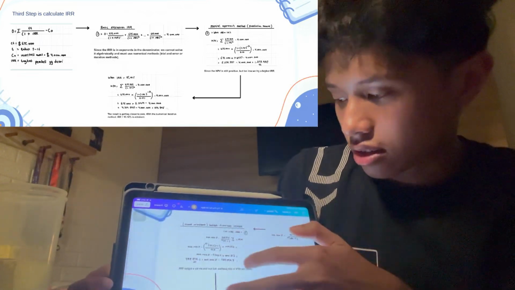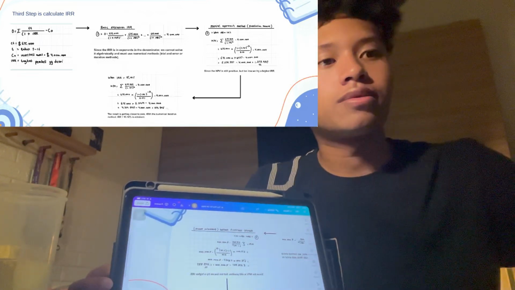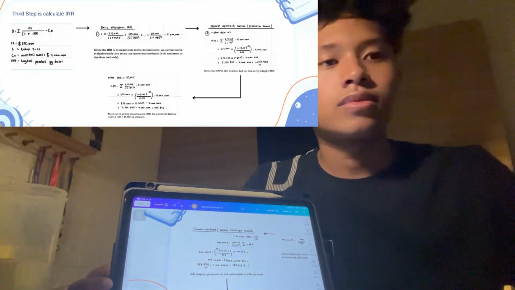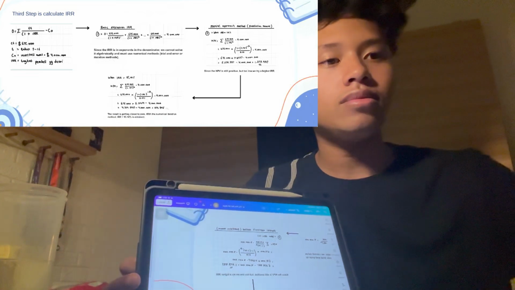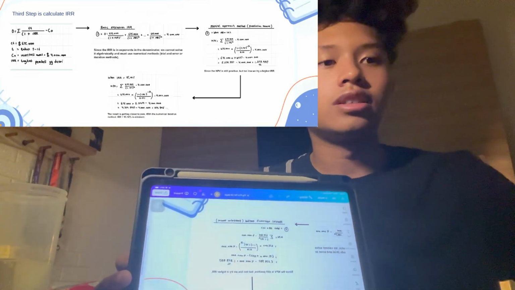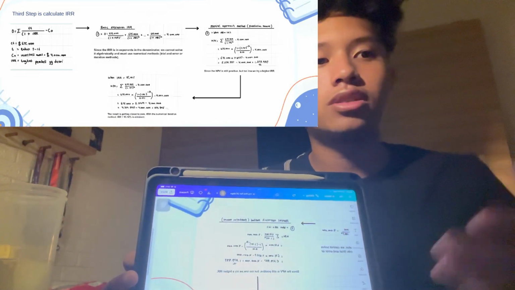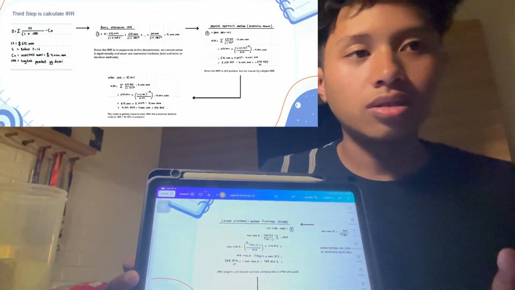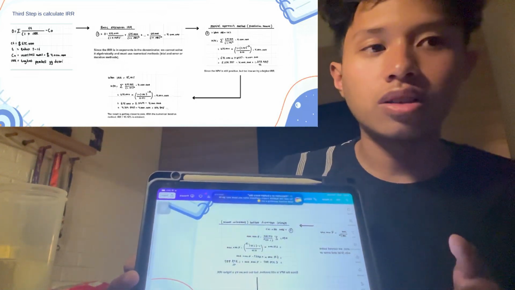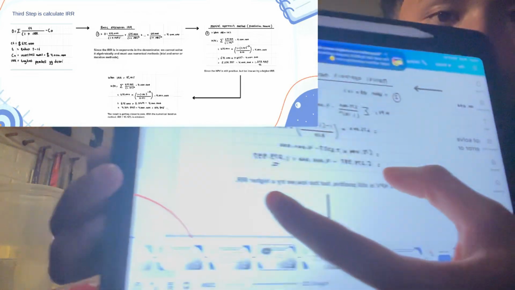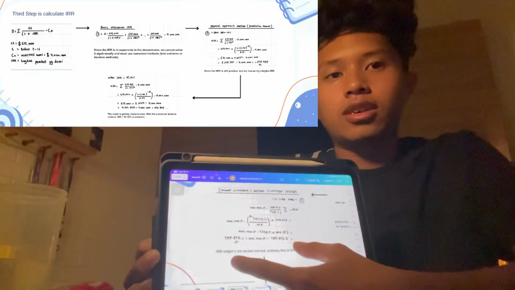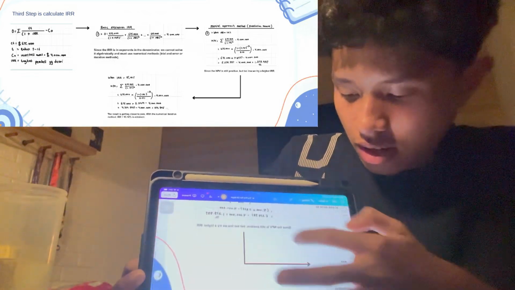And the second step is we use the manual approach method. With ERR equal to 10%, the result is 1,279.